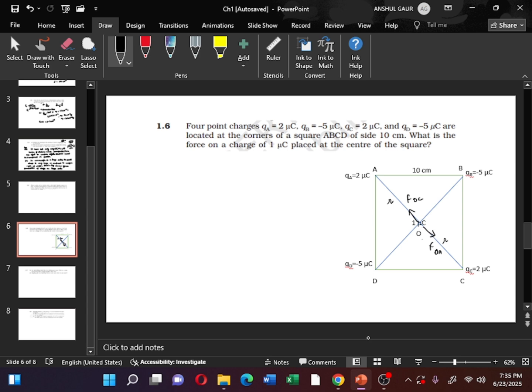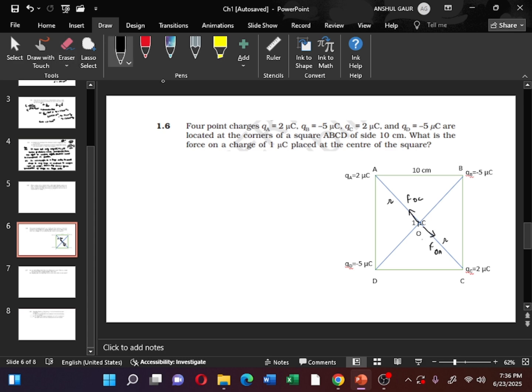Similarly, the force on the 1 microcoulomb charge due to the charge placed at point B is in this direction. Let me correct this: it is toward point B, because now one charge is positive and one is negative.